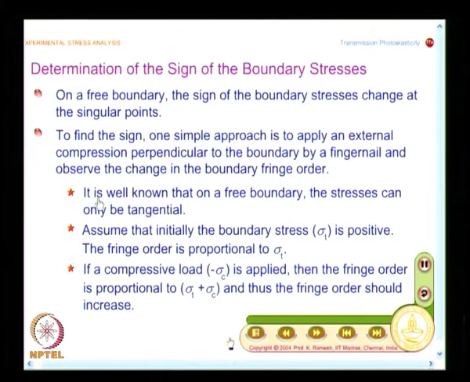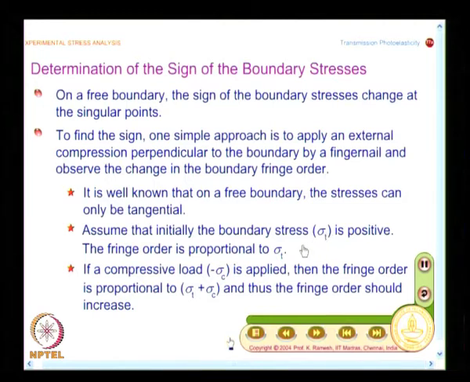The first principle is, it is well known that on a free boundary the stresses can only be tangential. So, this is the first point that you need to keep in mind, and for our discussion let us assume that initially the boundary stress is positive. So, I label it as sigma t.